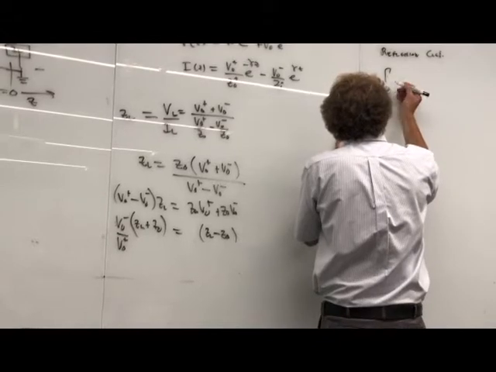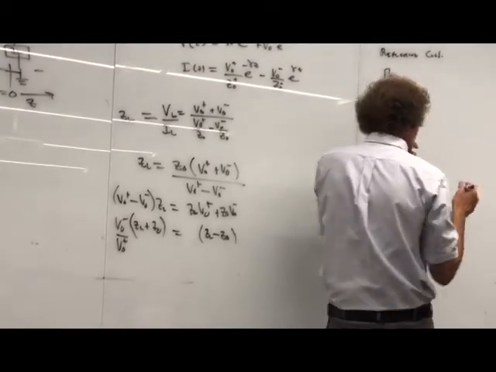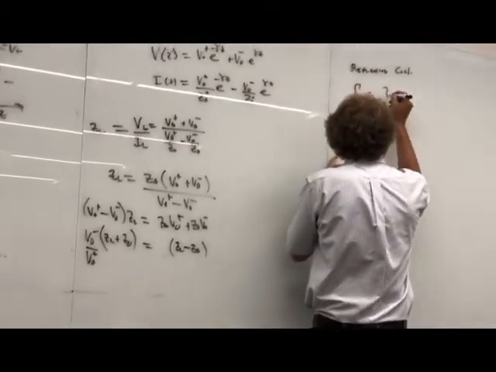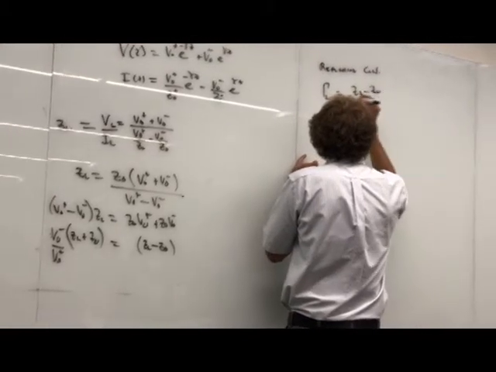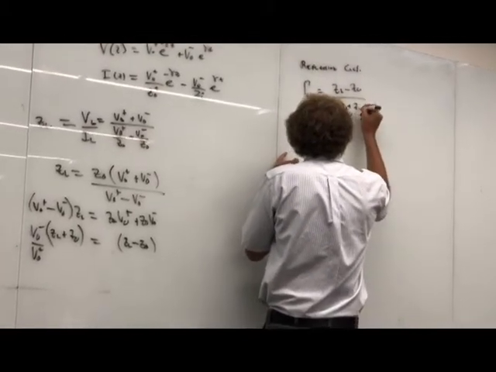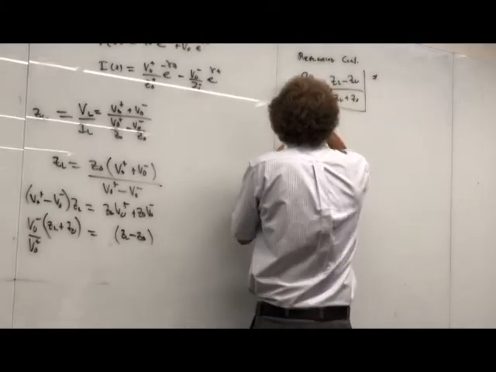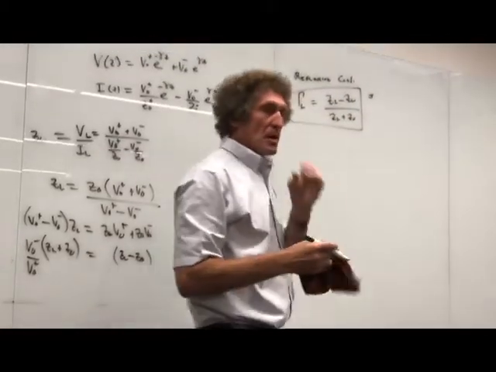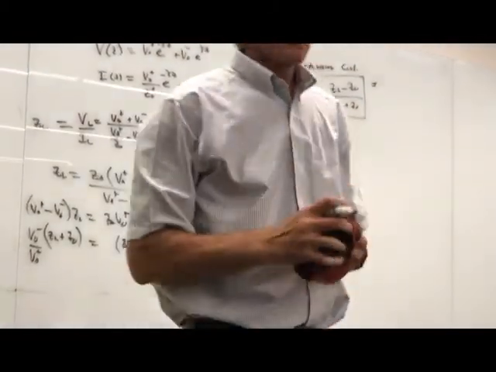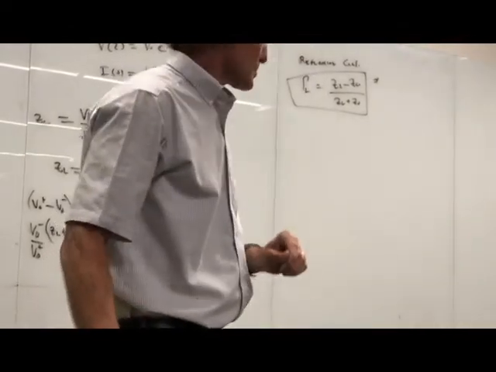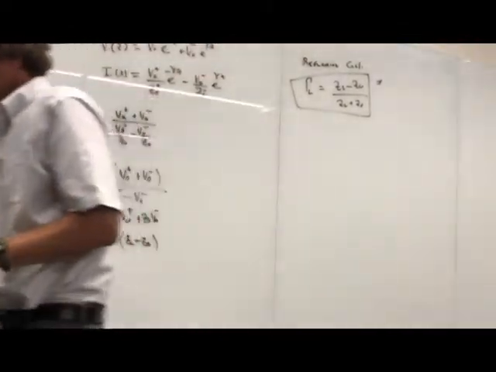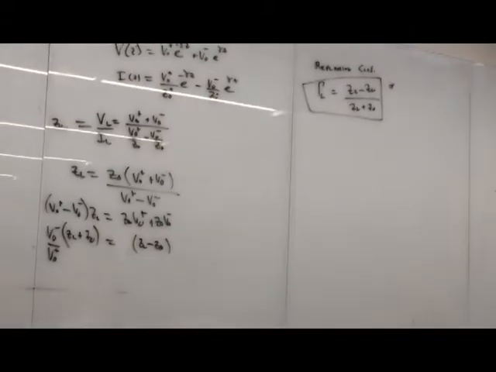Its symbol is gamma, and there's a sub L to indicate it's at the load. And it's ZL minus Z0 over ZL plus Z0. And this is the reflection coefficient. It's very important. We use that all the time. I'll show you one other thing that's very important.